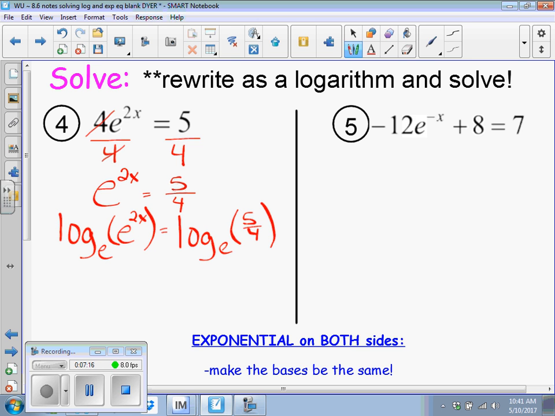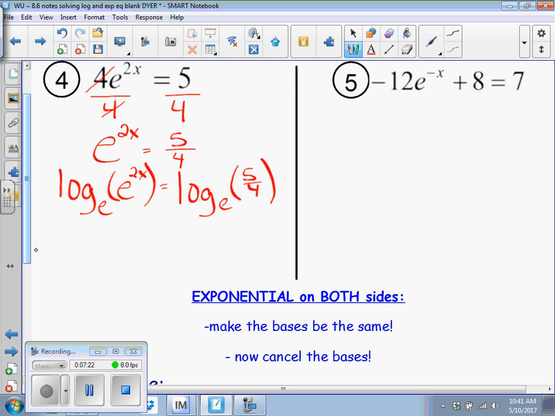Now, log base e, that's the same thing as what on your calculator? ln, right? So, first of all, on the left-hand side, that cancels, leaving me with just 2x equals, I'm going to write ln of 5/4. So I can use that ln button in my calculator.